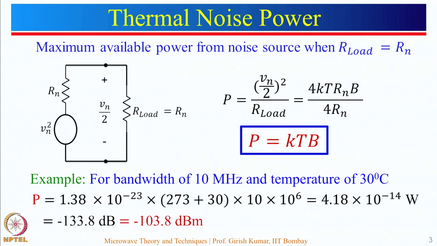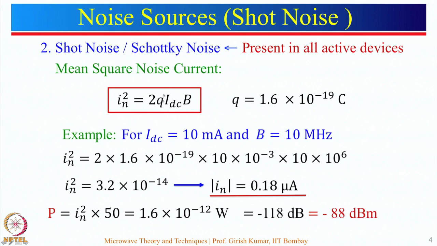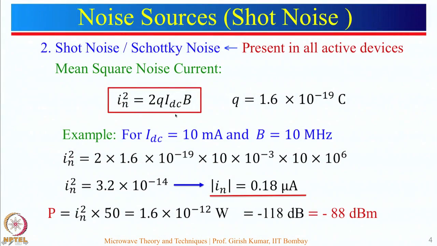Okay, now let us look at another source of noise, which is shot noise, also known as Schottky noise, but basically I want to tell you this results from the PN junction. So, any diode or transistor would have a PN junction. So, there will be current flowing through that PN junction, and let us say that the DC value of that current is IDC.